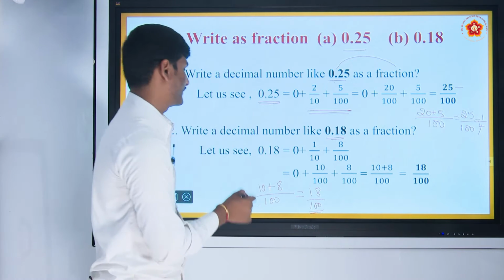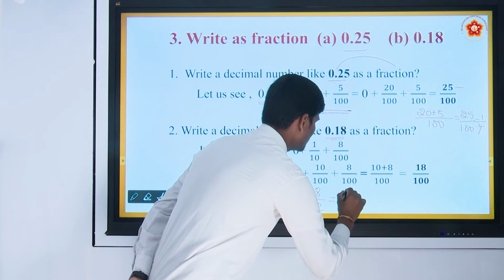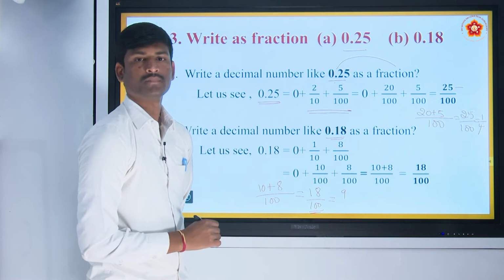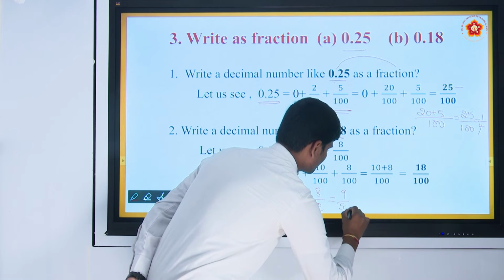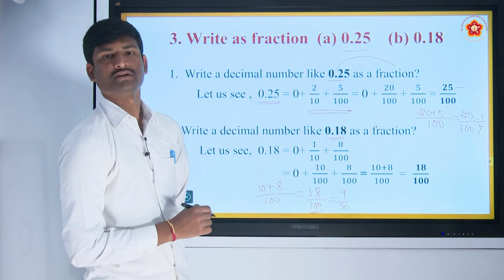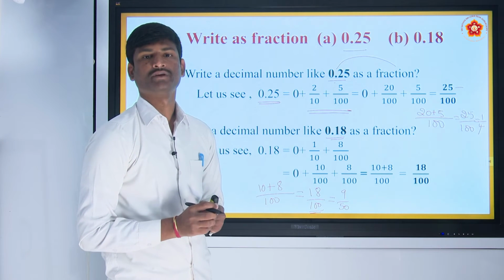We simplify: 2 nines are 18, 2 fifties are 100. So 9 divided by 50. The answer we get is 9 by 50. Understood?